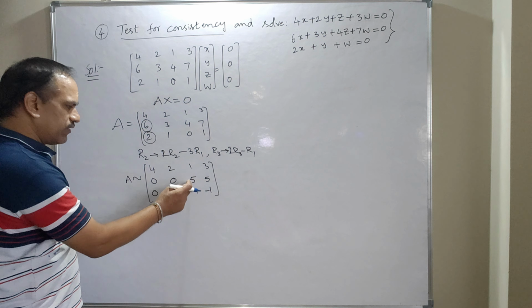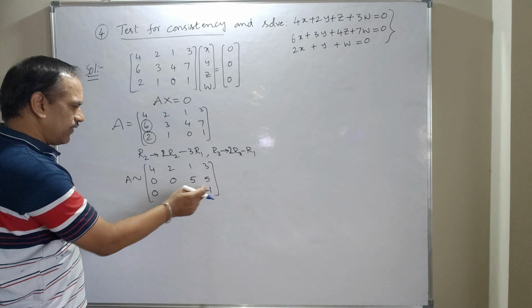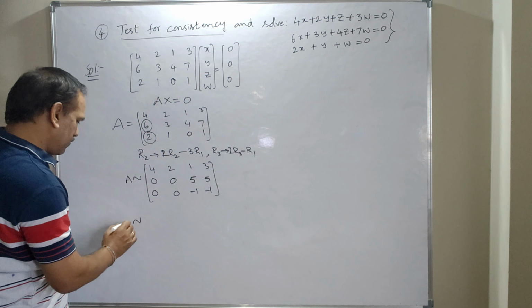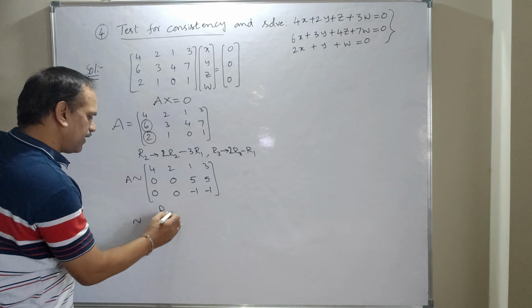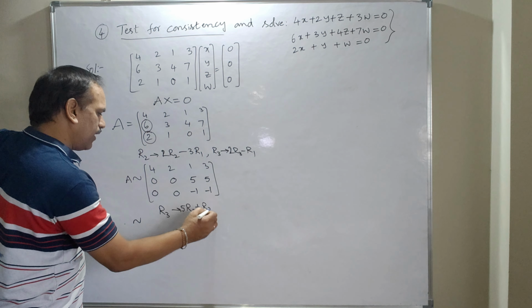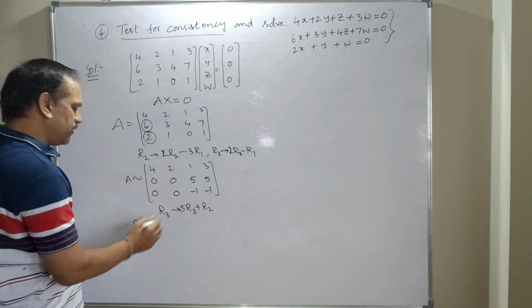Now we observe you can make this entry also 0, and this also becomes 0. These two rows are the same. So what you have to do is R3 becomes 5R3 plus R2. You multiply this by 5 and add to this.